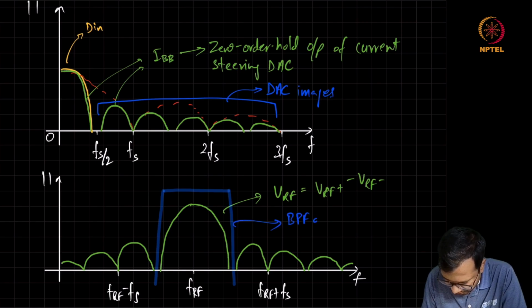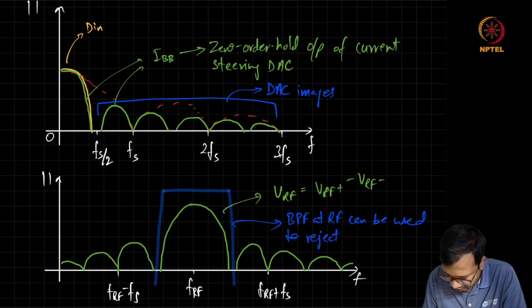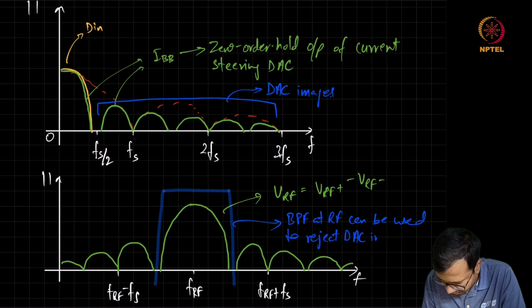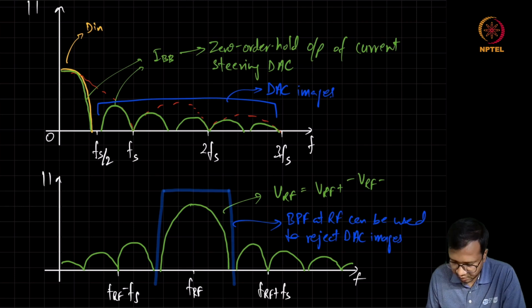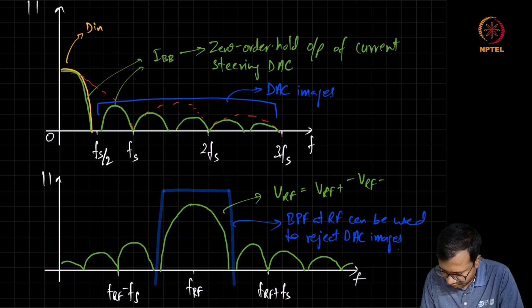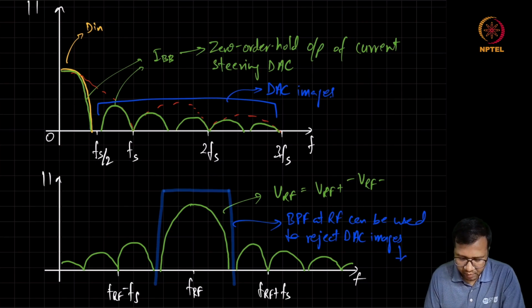Band pass filter at RF can be used to reject DAC images. But this filter design will require a very high order bulky filter.